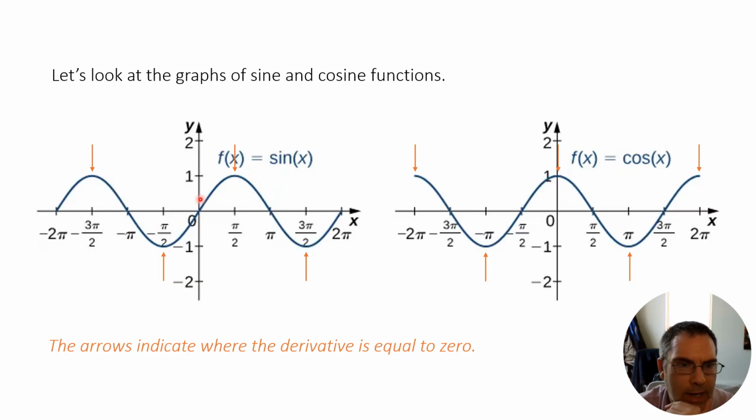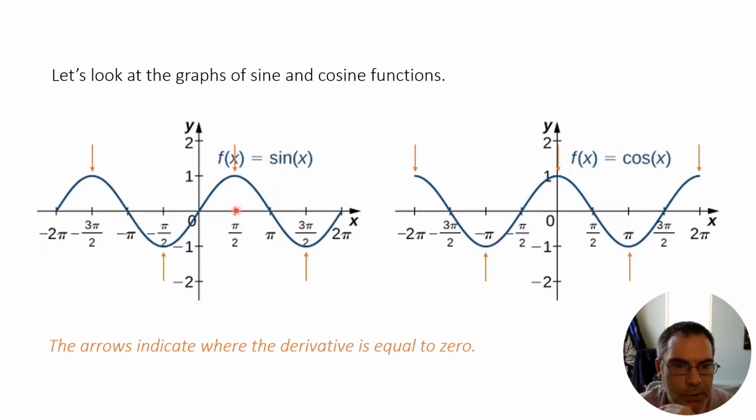So at x equals 0, we're kind of halfway between this 0 point of the derivative and this 0 point of the derivative, right? And the slope is positive throughout, right? So the derivative of sine is going to be 0 here and 0 here and positive in between, right? So it's going to be shaped something like this.